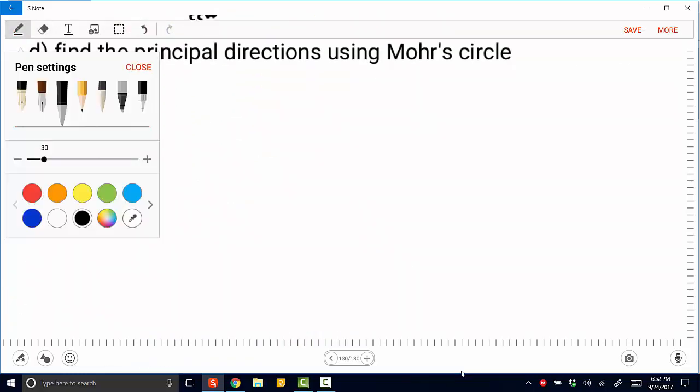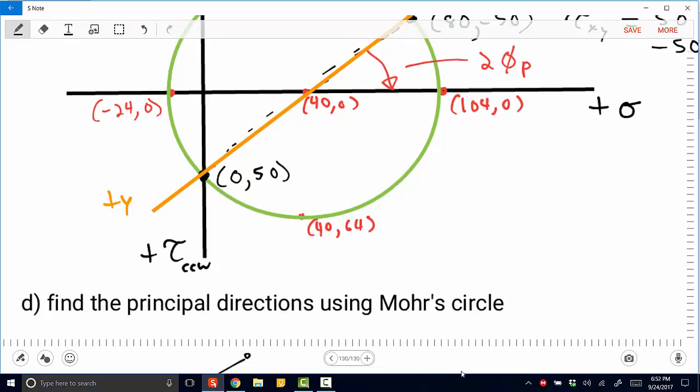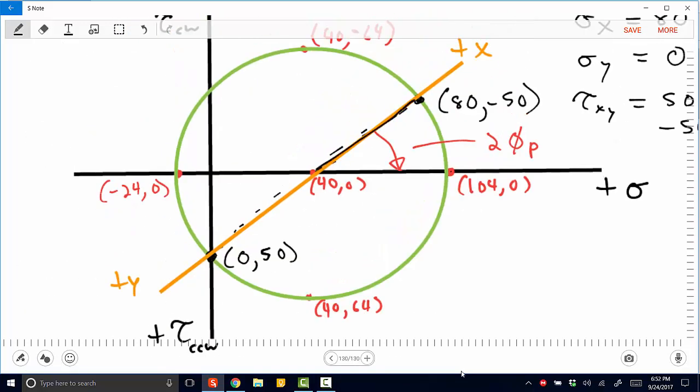Our little pie here has one side from the center to the positive x-axis, and then we can draw a line straight down and a line over to give ourselves a right triangle.